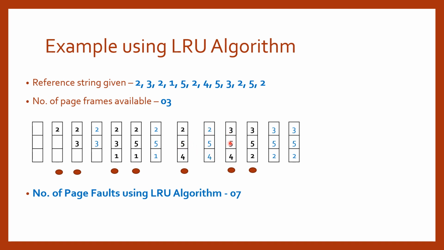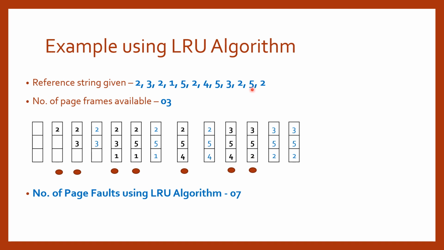Again for 3, we will see out of 2, 5 and 4 which one was least recently used. So 2 is at the end. So we will replace 2 with 3 and a page fault is recorded. Now for positioning page number 2, we will see out of 3, 5, 4 which was least recently used. 4 was least recently used, so we will replace 4 with 2 and a page fault is recorded.